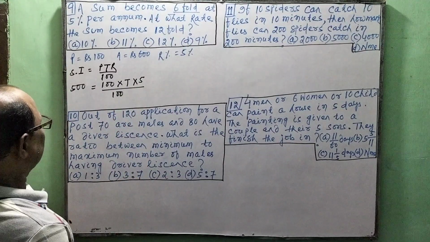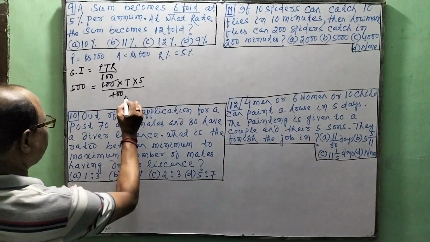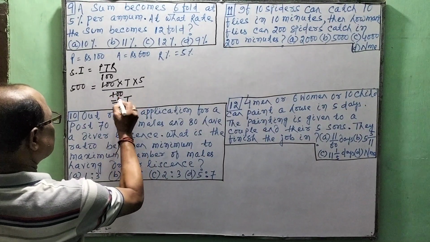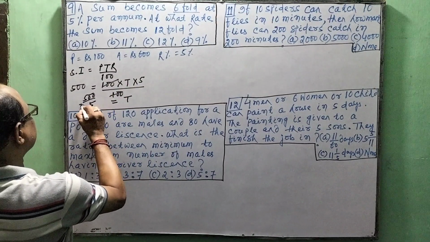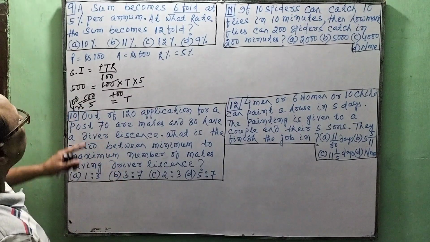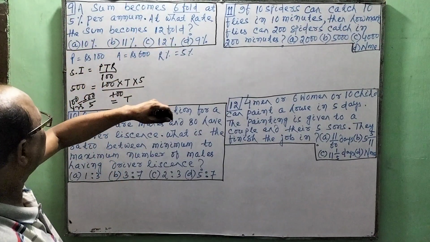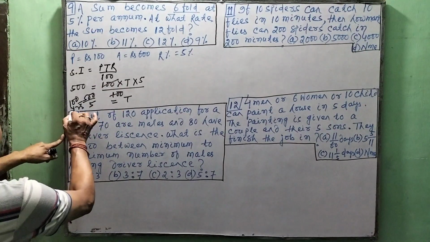So here you look, 100 cancel. So T is equal to 500 by 5. So T is equal to 100 years. So a sum becomes 6-fold at 5% per annum. The time period is 100 years.